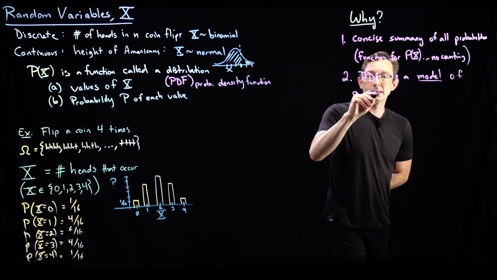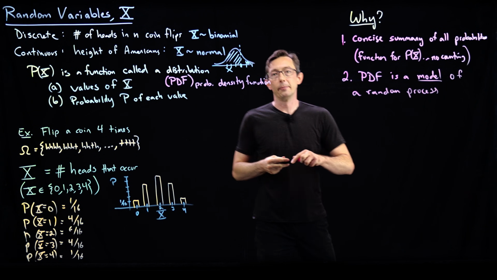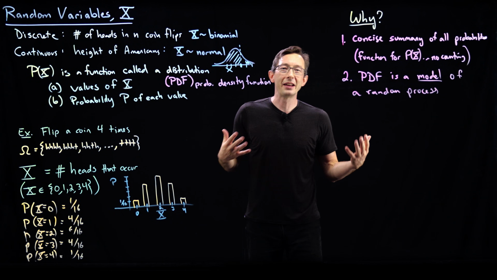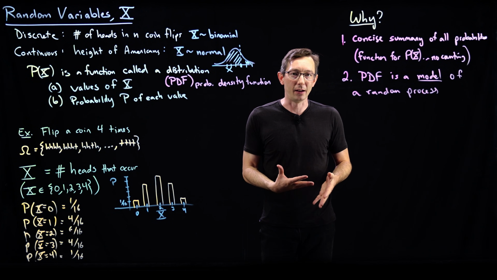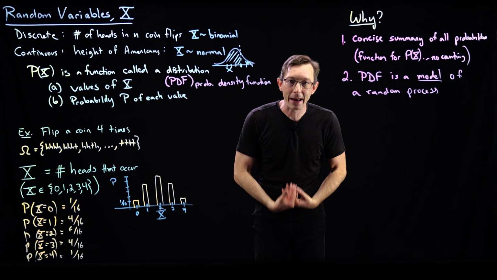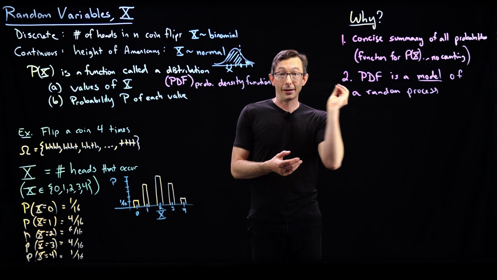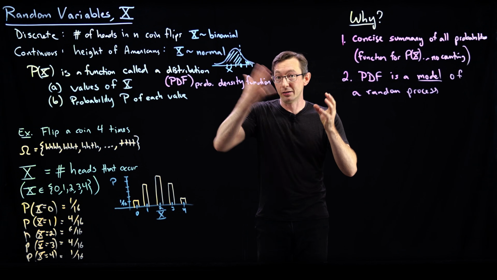of a random process. And this is a really, really important idea here, that the real world is never exactly Bernoulli or binomial or normal or any of the distributions. These are mathematical approximations. Just like if I throw a ball and I write down F equals ma, I might neglect wind resistance.